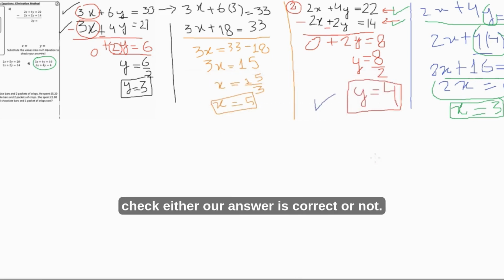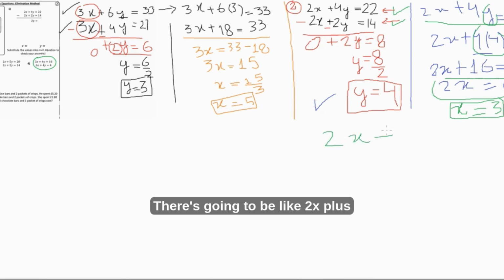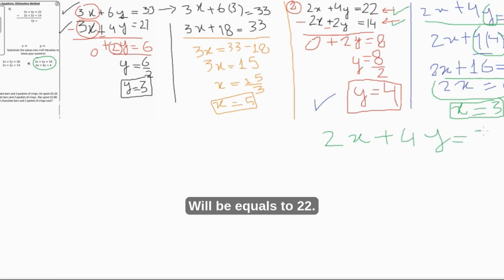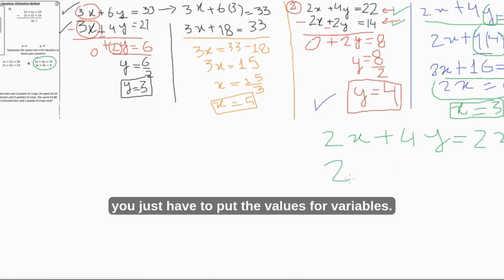Let's check whether our answer is correct or not. We can put these values in and check whether the equation is balanced or not. We are checking 2x plus 4y, which should equal 22. In order to check it, you just have to put in the values for the variables.